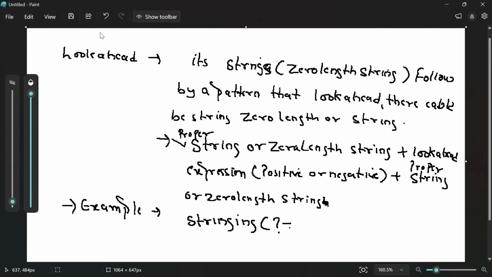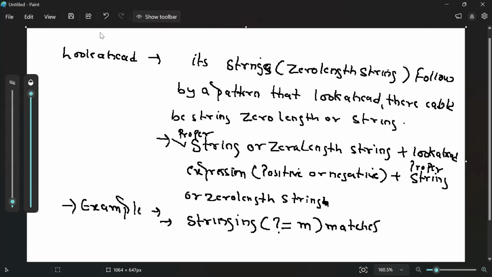And then when we have equals to sign, it is saying I am a look ahead. And then again I have a regex here, and this regex will say, if you find M here, then you go ahead and it will say matches. Stringing matches.